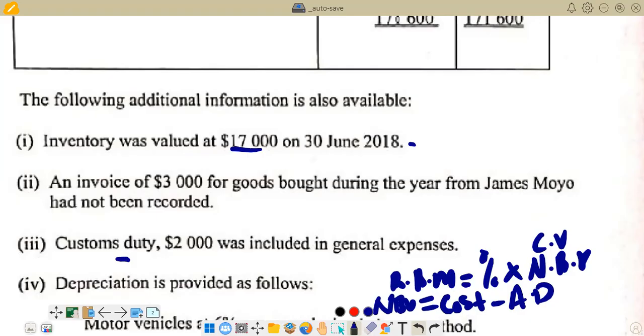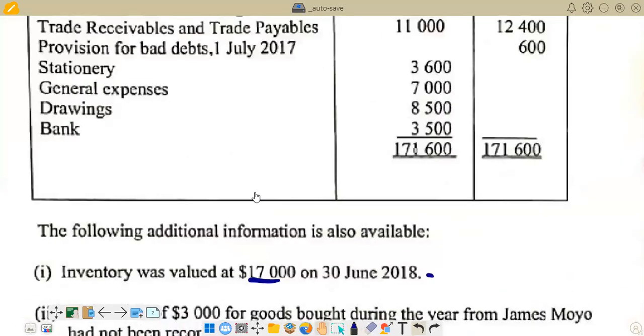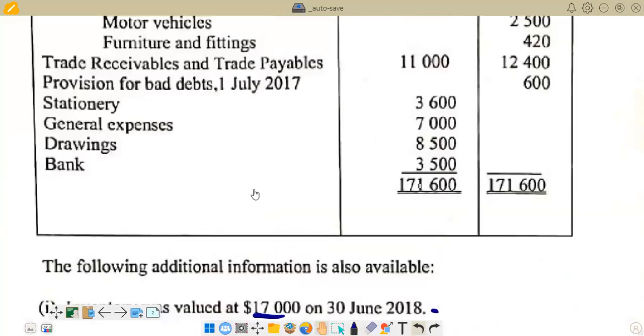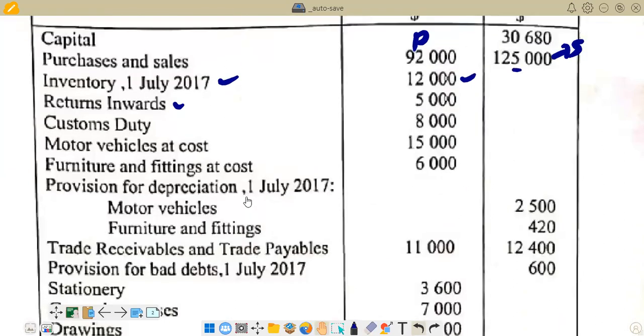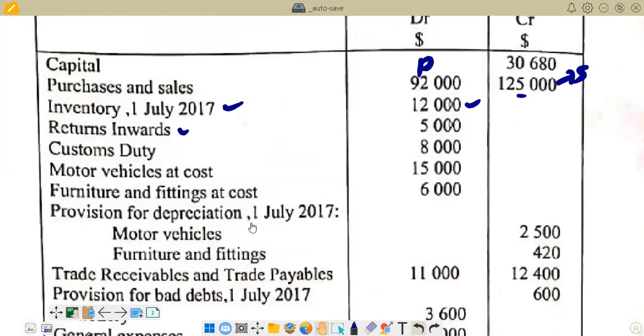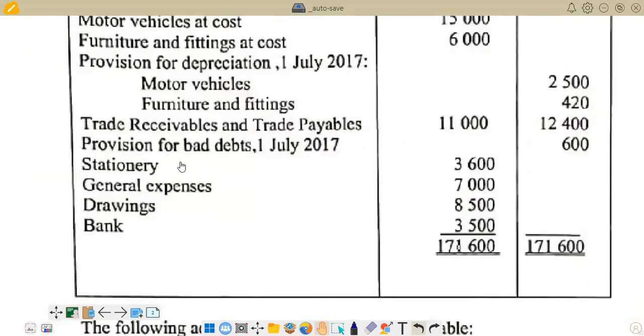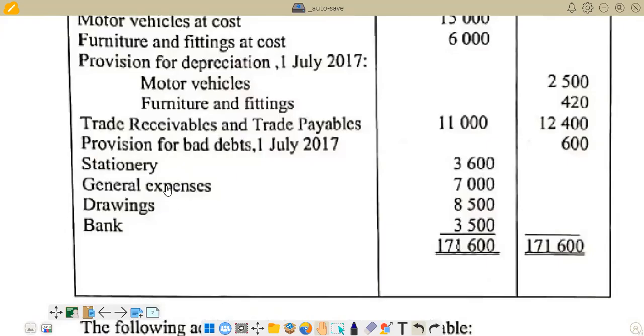We check in the list of balances if we have got any income that is there. Might have a commission received. Commission received also is one of the incomes that we might have. If there's disposal of non-current assets, profit on disposal can come also under other income. We check, go down, looking for an income. We go down, we go down. Right. You see that we are not seeing any income.